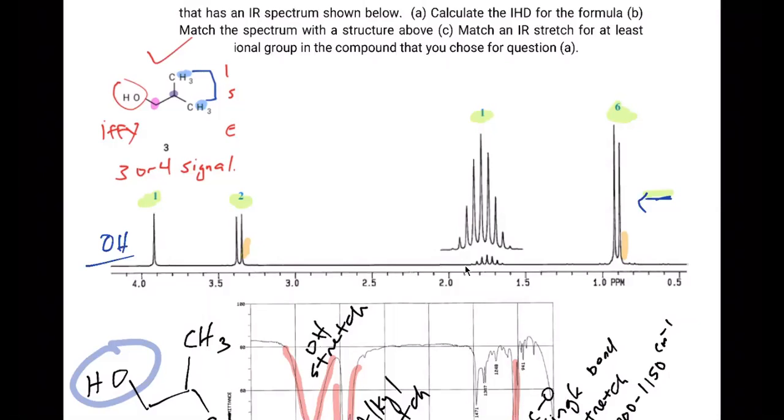Right, notice it's integrating for 6 protons. And there'll never be a carbon with 6 hydrogens on it. And so it must be representative of more than one carbon or more than one set of protons. So which ones do you think?